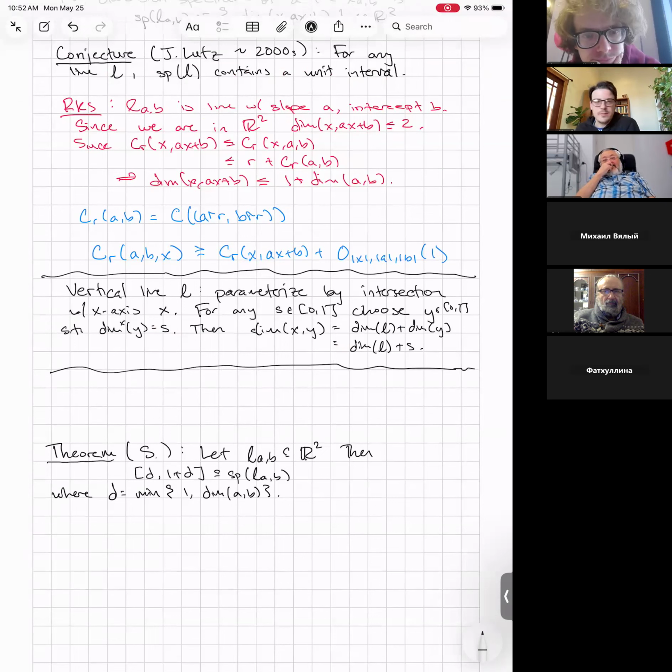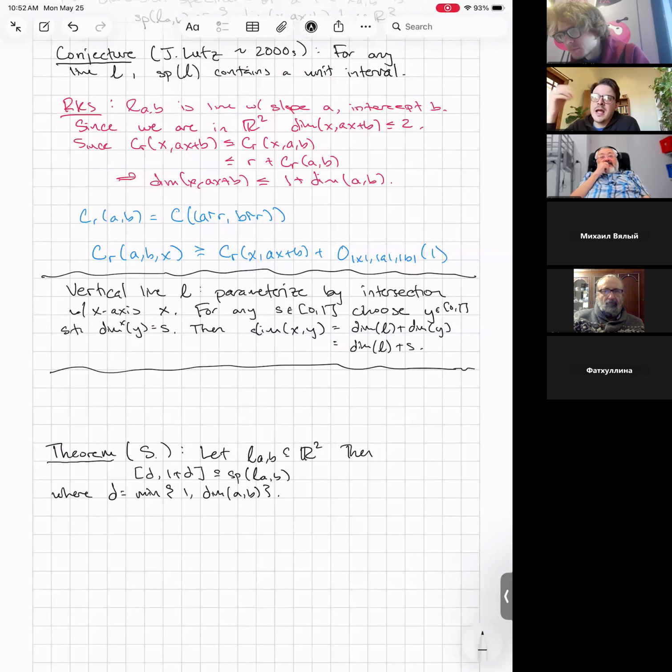And as we saw before, this is the best you can do. This is the absolute maximum of the dimensions of points. By the way, do we know something about the other part of the dimension spectrum? What happens below d? We have some partial progress in this.